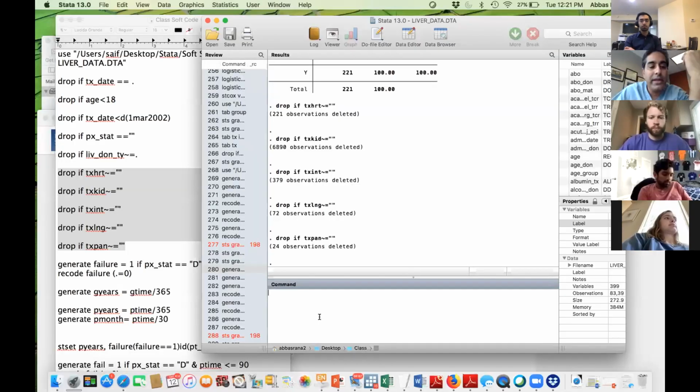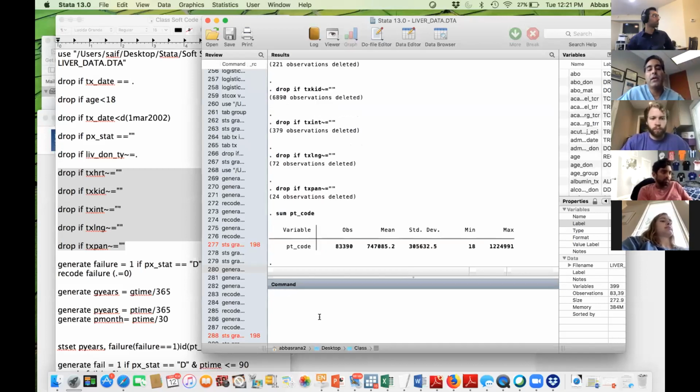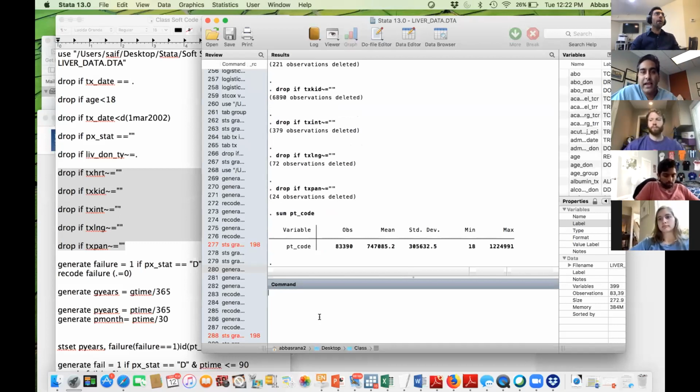At this point, we really have a homogeneous population, right? 83,000 patients. We have just adults, no combined organ transplants, no live donor transplants, only deceased donor transplants. And now we have a group that we can start to study. So the first step in any study is to think carefully about who you're going to exclude, and you're left with your inclusion.